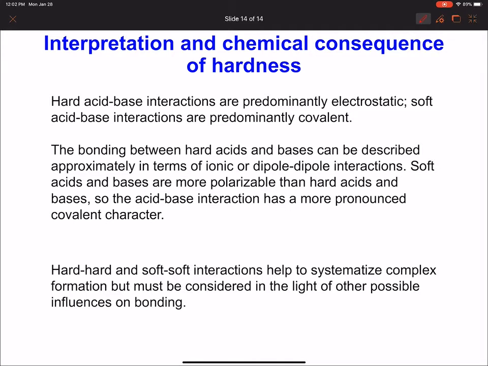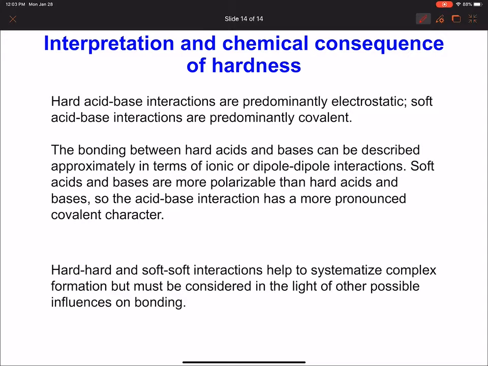And then let's give some final explanation about the interaction between hard nucleophilic acid-base and soft nucleophilic acid-base. For hard acid-base interaction, for a hard nucleophilic base, the electron pair is really hard to be shared.